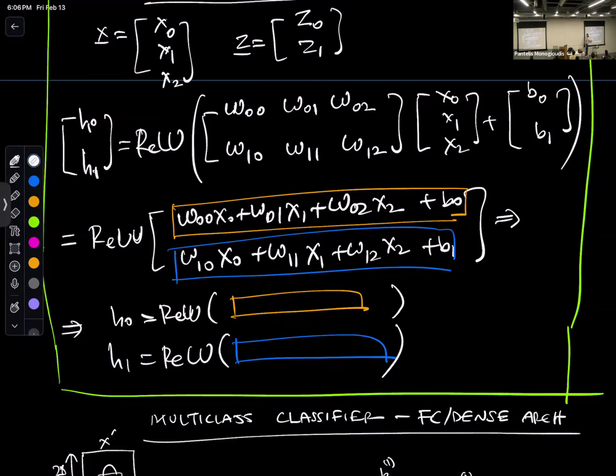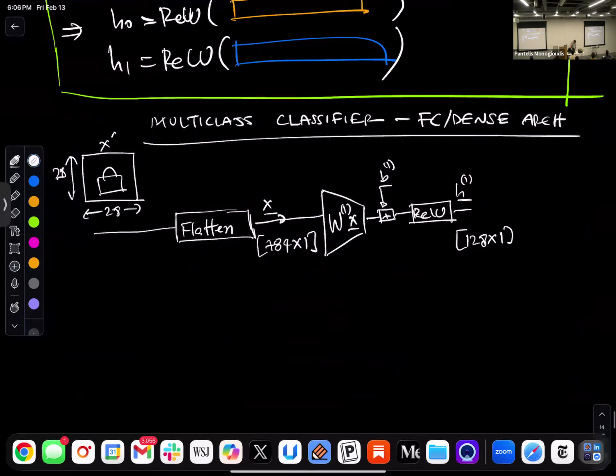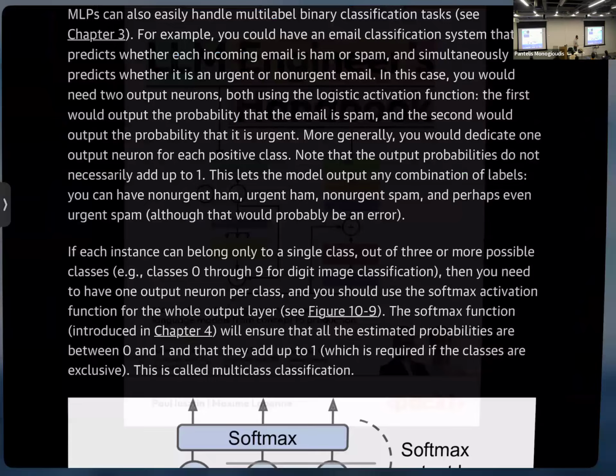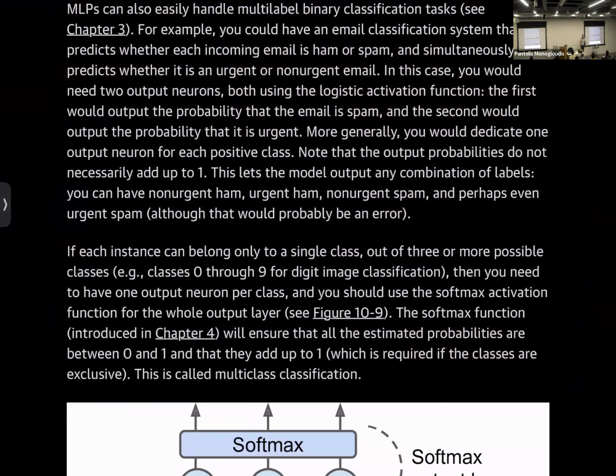Two equations, 2 neurons. The fact that I have a ReLU does not necessarily make it a non-neuron. It is still a neuron, right? It's a non-linear function of the linear combination of features. Okay, goes to 300 from one projection.